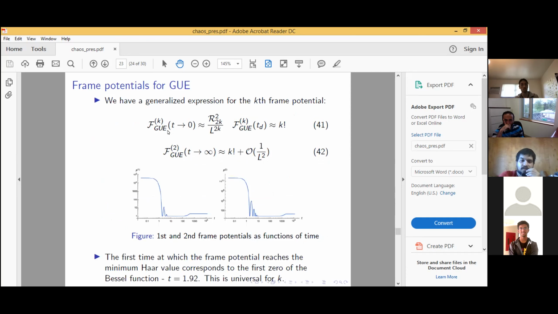So we can obtain a generalized expression for the kth frame potential. Initially it has a value of R2k squared divided by L to the 2k. At late times, it has a value of k factorial plus certain terms which are suppressed as 1 by L squared. And at the dip time, it obtains the Haar value of k factorial.